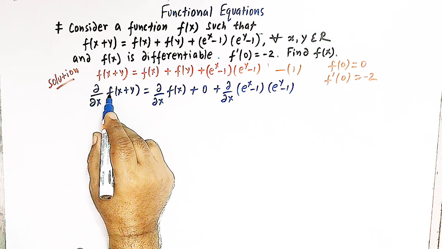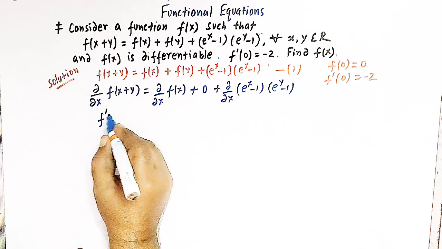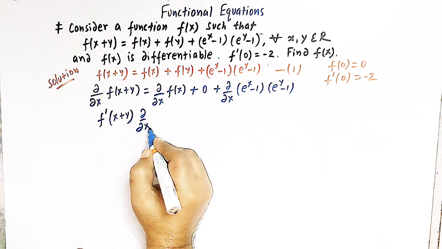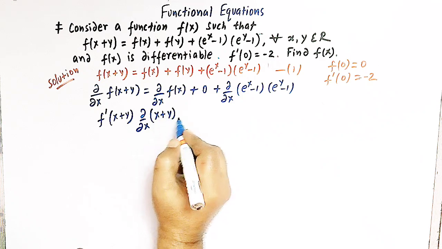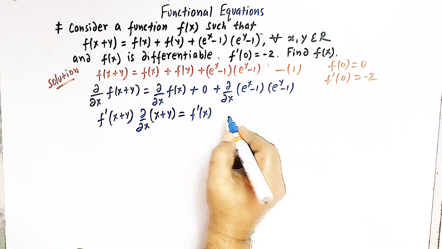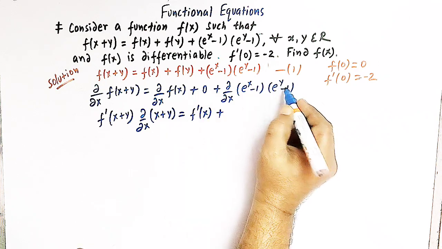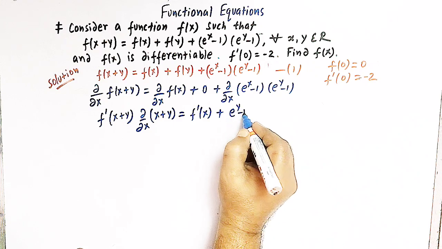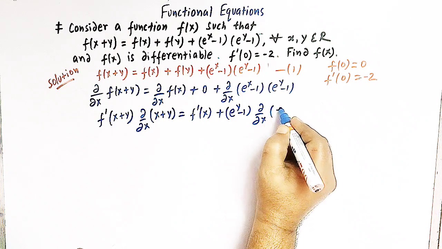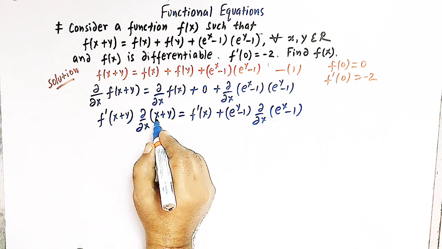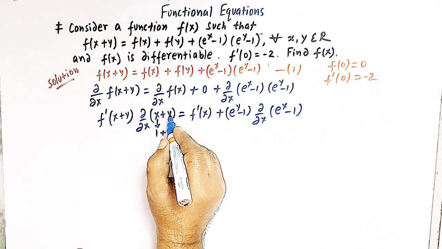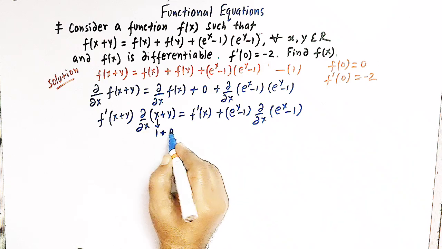Now the derivative of f of x plus y is simply f prime of x plus y, and then by chain rule we have the derivative of x plus y, and here del by del x of f of x is f prime of x, and then here e raised to y minus 1 is a constant, so we can take it outside this operator, and we have del by del x of e raised to x minus 1. So here the derivative of x with respect to x is 1, and the derivative of y with respect to x is 0, right?